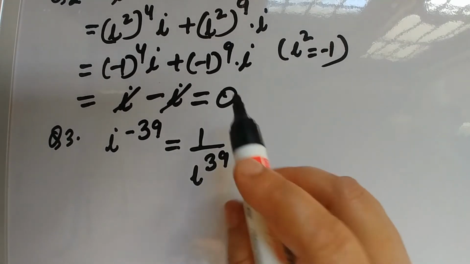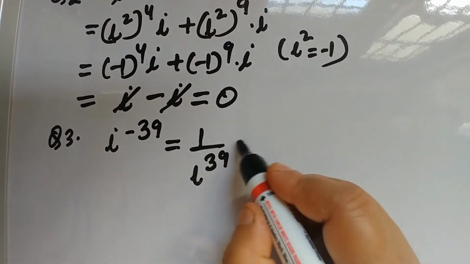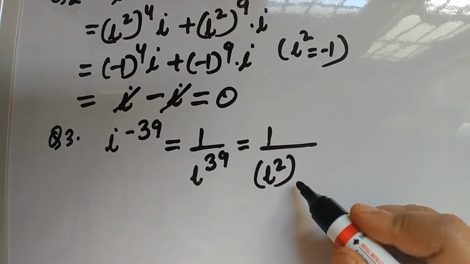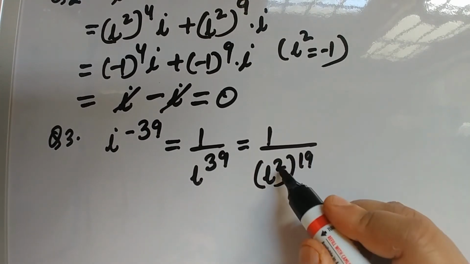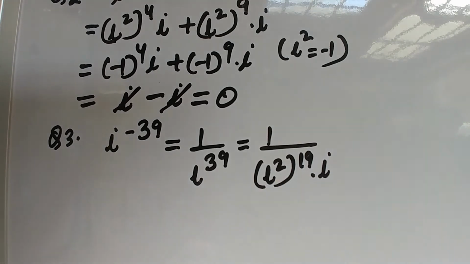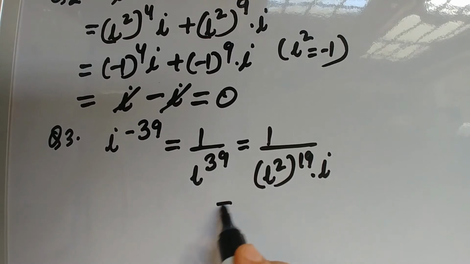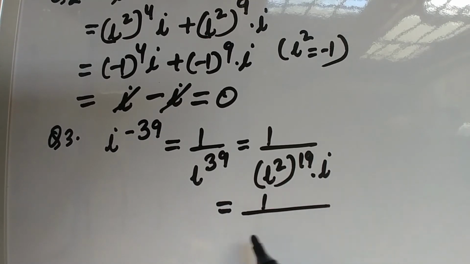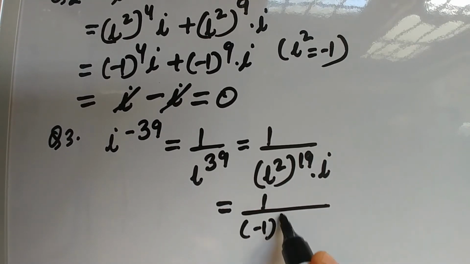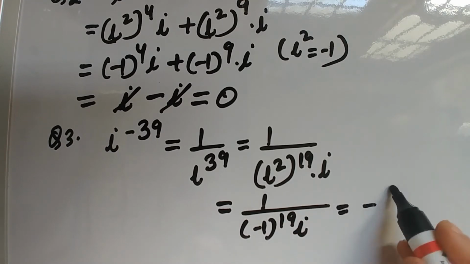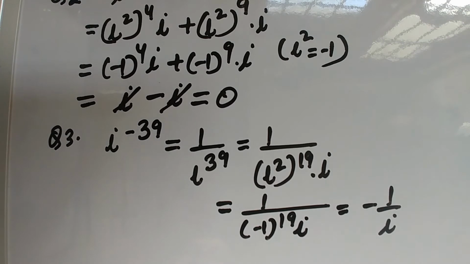Now, whatever we were doing in the numerator, the same thing we want to do: express it as iota square 19 times, 2 nineteens are 38, into 1 iota. It makes iota raised to power 39. Then again, iota square is minus 1, so it is minus 1 raised to power 19 into iota, which is your minus 1 upon iota.